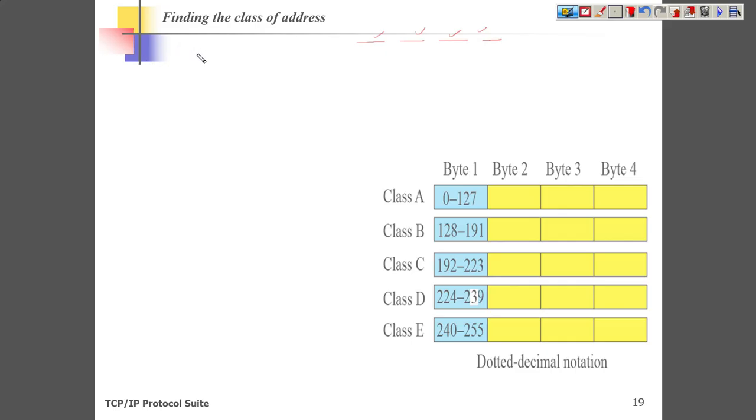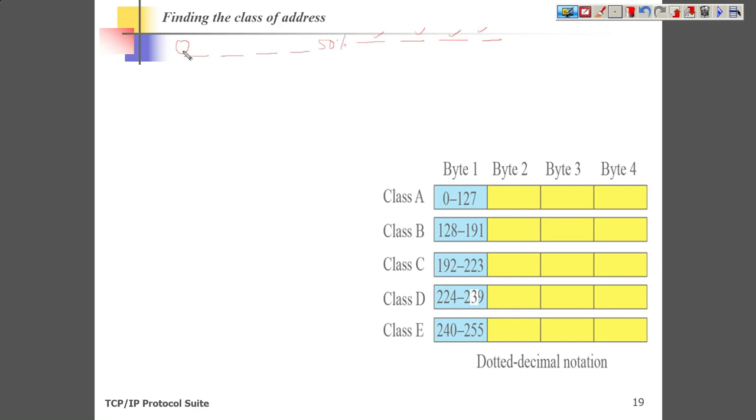Now understand. This is the first octet, second octet, third octet, and fourth octet. If I set the first bit to 0, then we look at all the combinations that we can have with the 0 bit. This is exactly half of the total possible combinations.